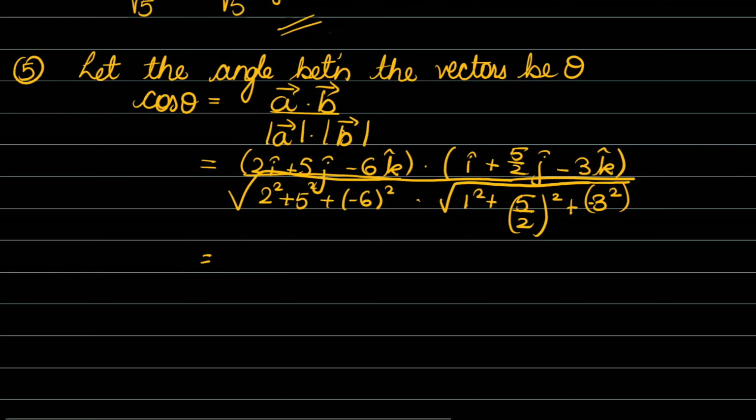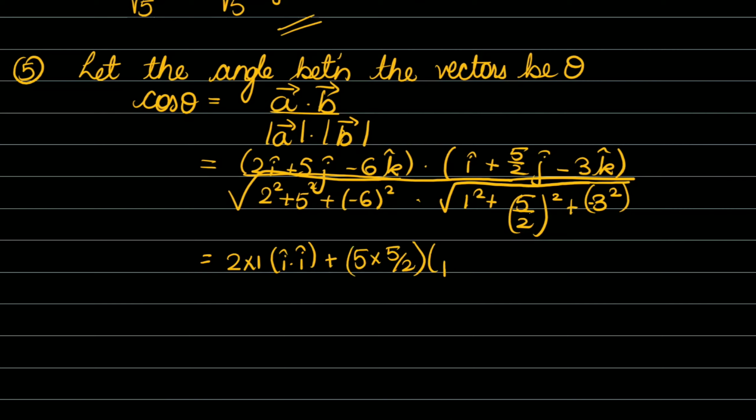We multiply both of these brackets: 2 i cap into i cap, 5 j cap into 5 by 2 j cap, minus 6 k cap into minus 3 k cap. So we get 2 into 1 i cap dot i cap plus 5 into 5 by 2 j cap dot j cap plus minus 6 into minus 3 k cap dot k cap.